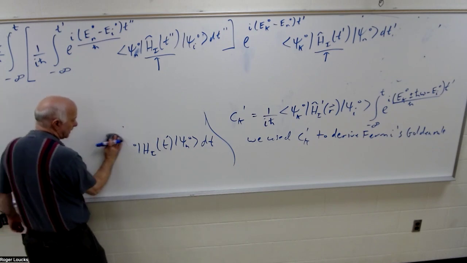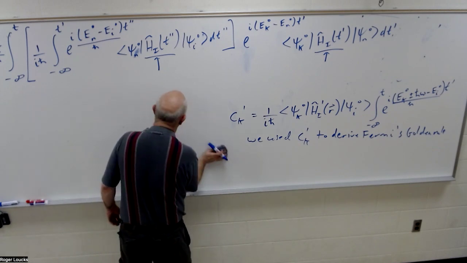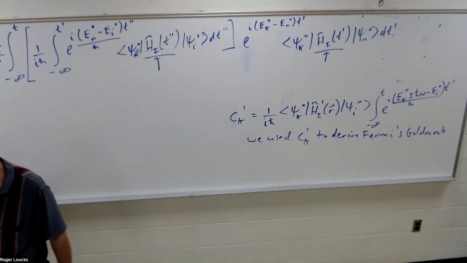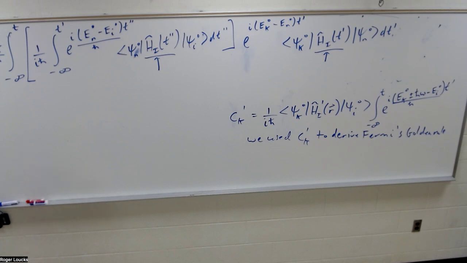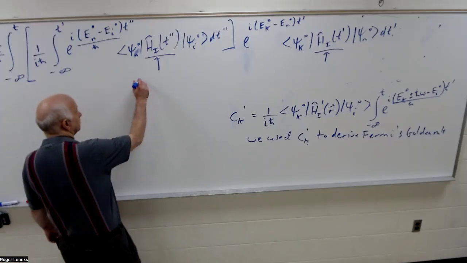We're going to take the special case where I can write those as some function of position times a harmonic term. So I'm going to write this from here as some function of position.